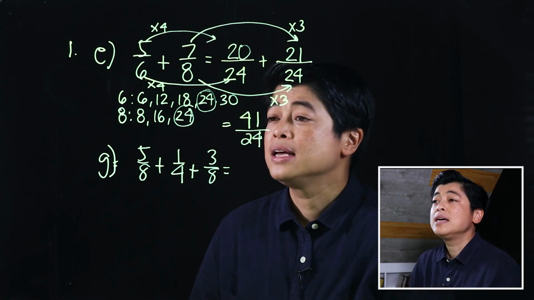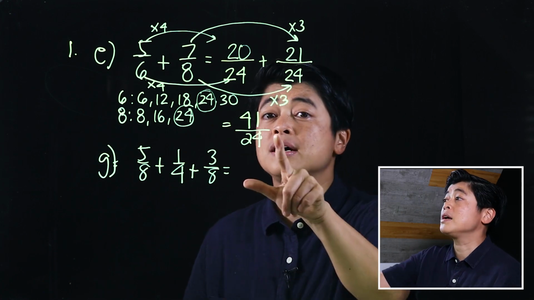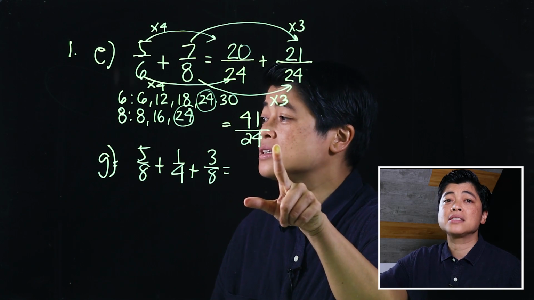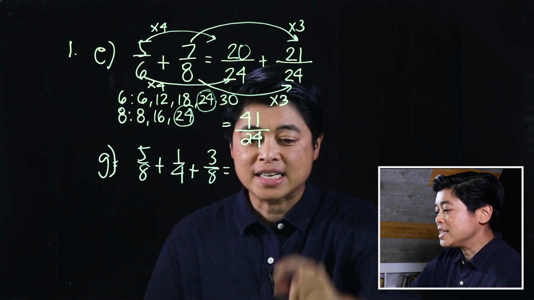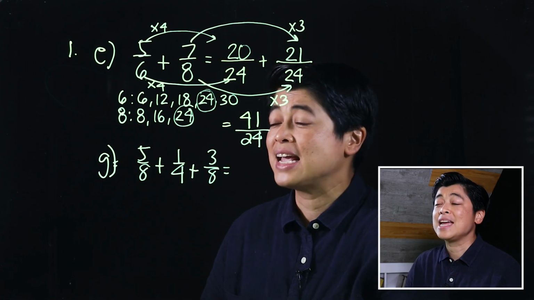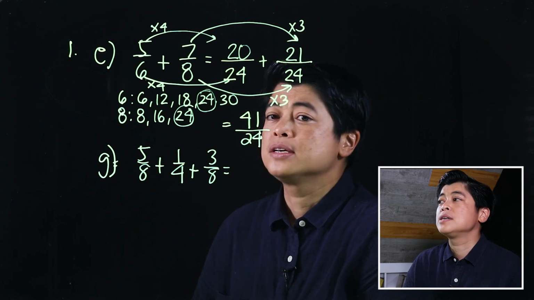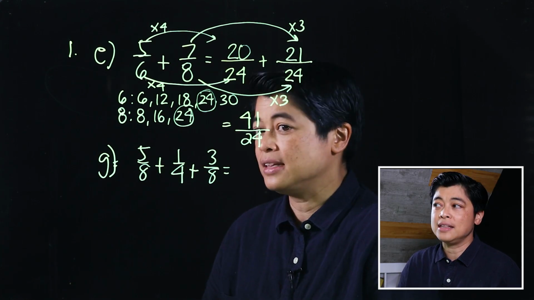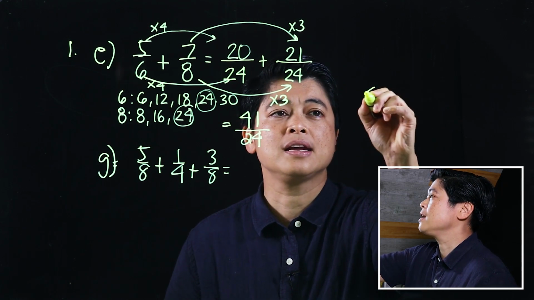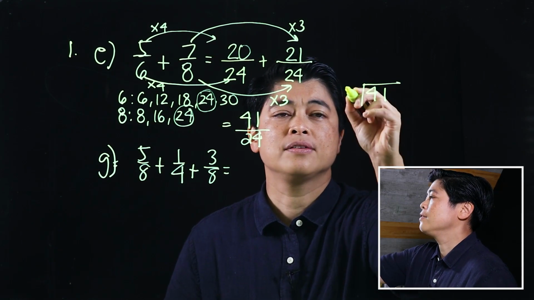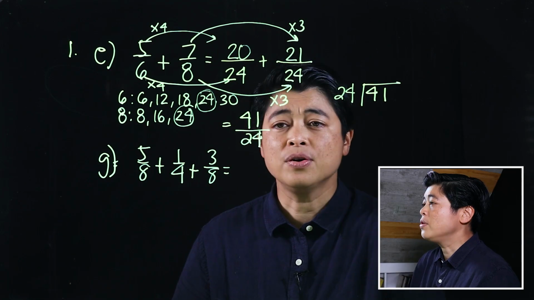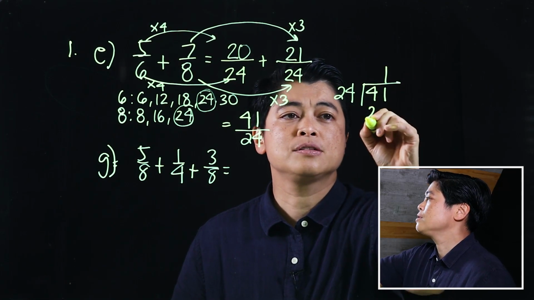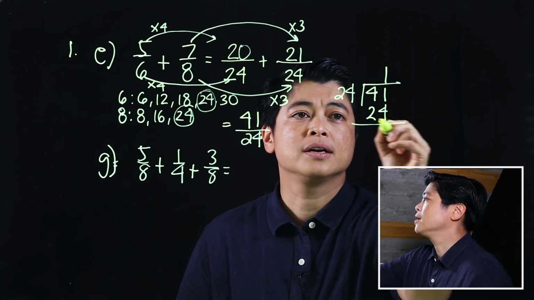Depending on the instructions, we can stop here or we can convert that to a mixed number. The instruction says express as a mixed number, so we need to divide. If I take 41 divided by 24, that will be 1, and then this will be 24.